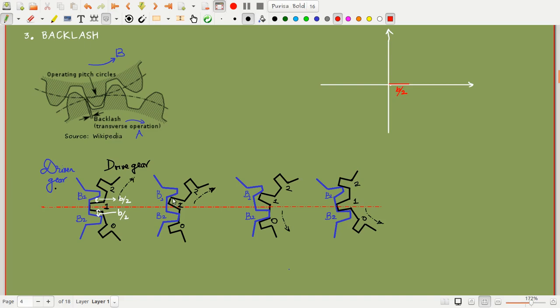Once it starts touching the B1 part of the driven gear, the driven gear starts rotating in the anti-clockwise direction.